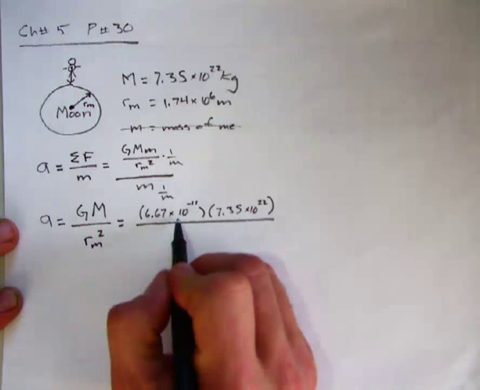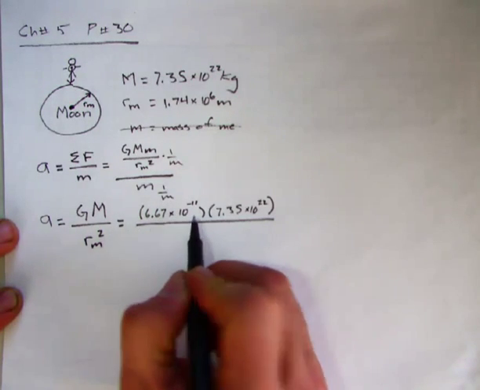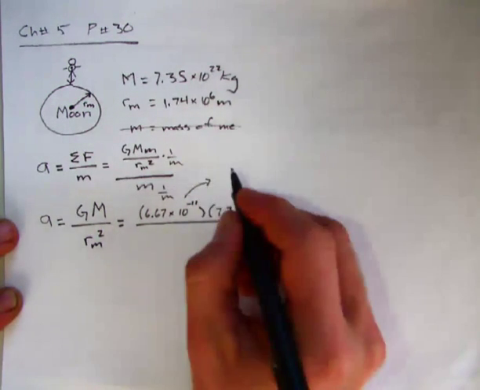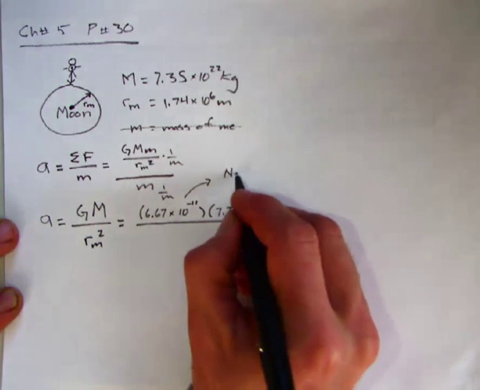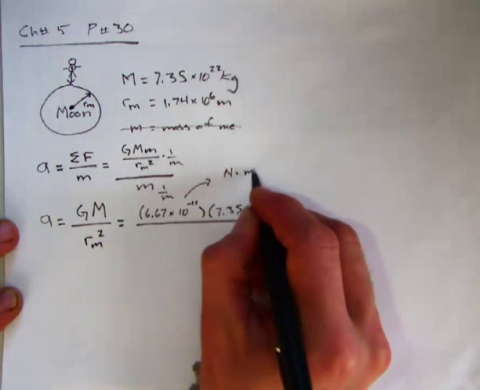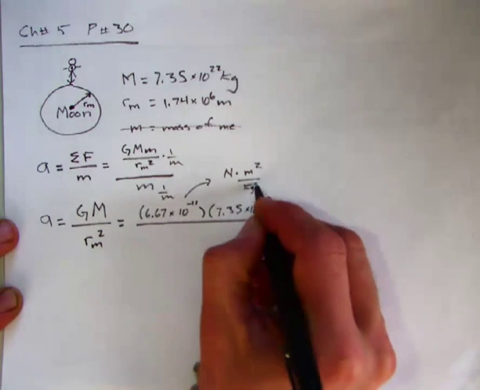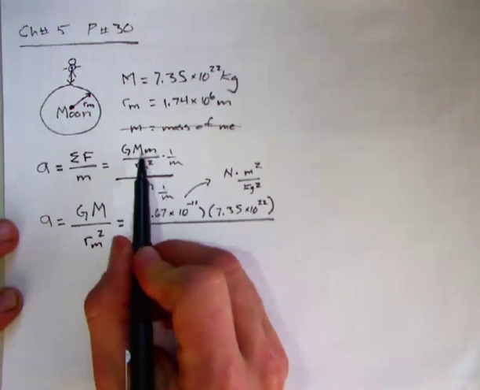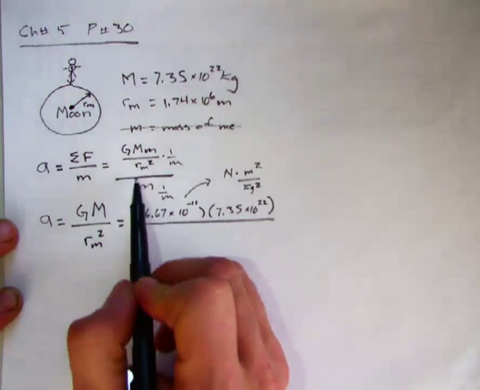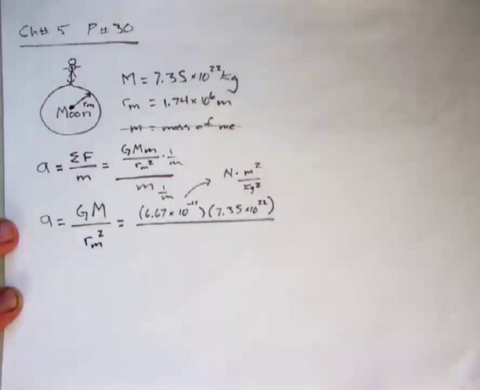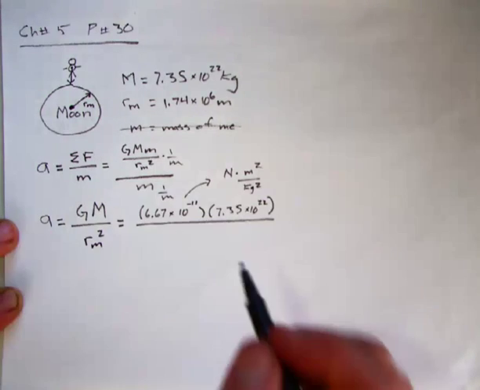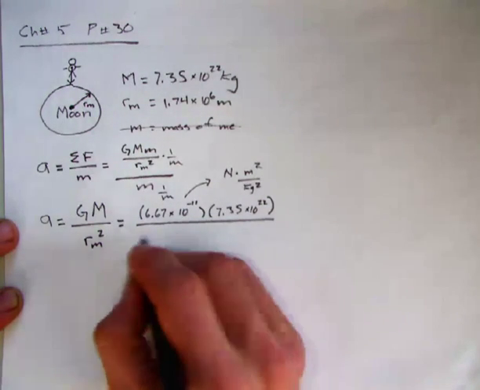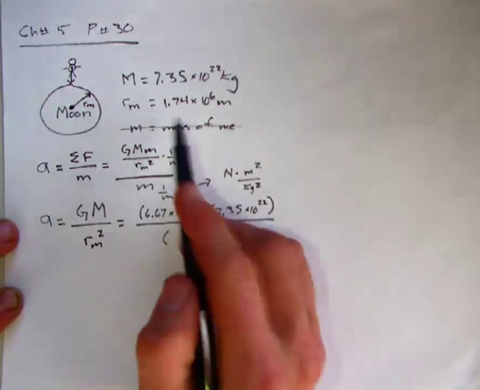By the way, the units on big G are newtons times meters squared per kilogram squared. So whenever you use this formula for Newton's universal law of gravitation, make sure everything's in kilograms and meters.